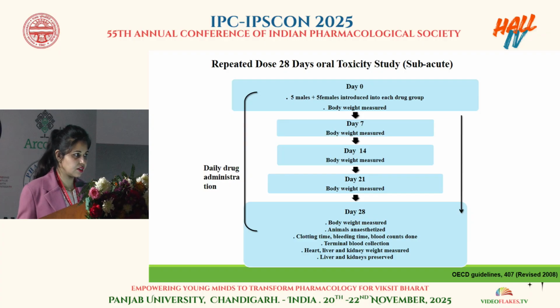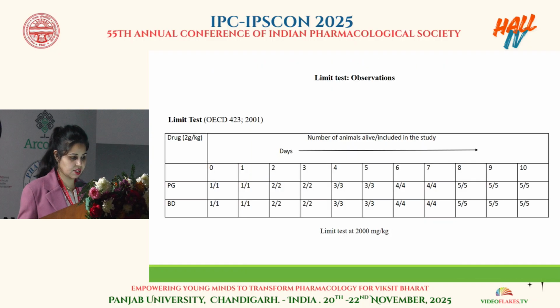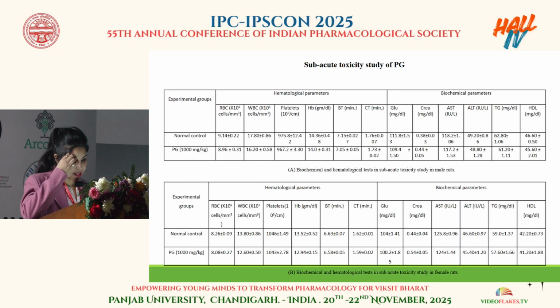Both these experimental procedures were conducted as per OECD guidelines, OECD 425 for acute and OECD 407 for subacute toxicity studies. So this is the observation that with our Punica granatum extract, none of the animals died when we observed the mice for 10 days. And this is the subacute toxicity study. And these are the biochemical and hematological parameters, which are in the normal range.